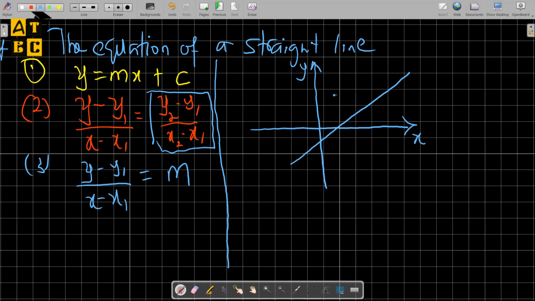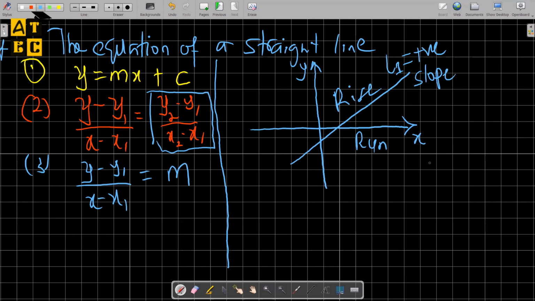So, rise, run. And if this is rise over run in this direction, in the positive, that is as x is increasing, y is also increasing, then you say this line, let me call it L1, has a positive gradient or slope.